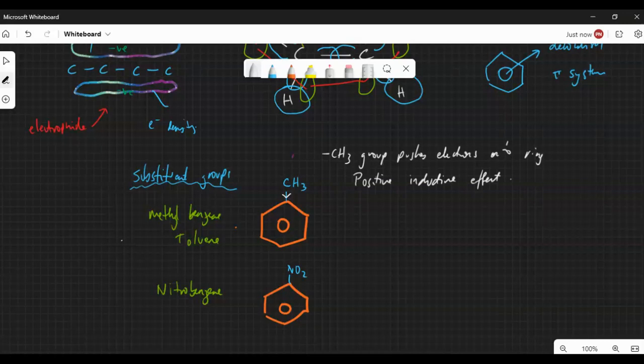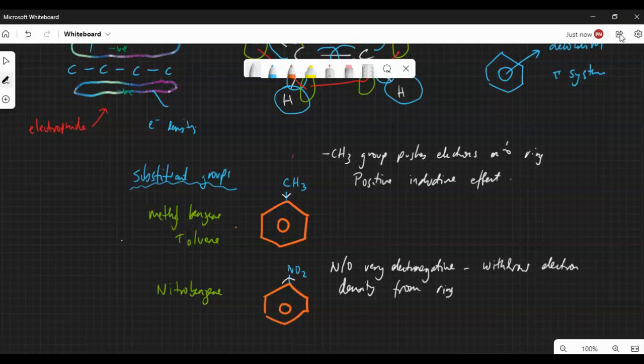The nitro group pulls electron density off because nitrogen and oxygen are very electronegative, and they withdraw electron density from the ring.